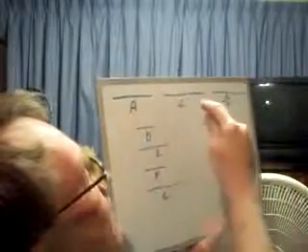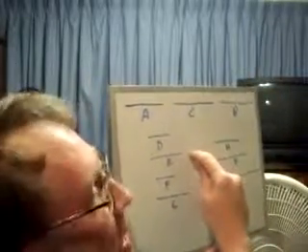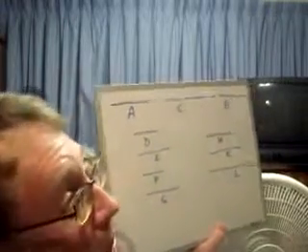Since then, as A is to C, so is D to E, and I think you're figuring out what's going to happen next.